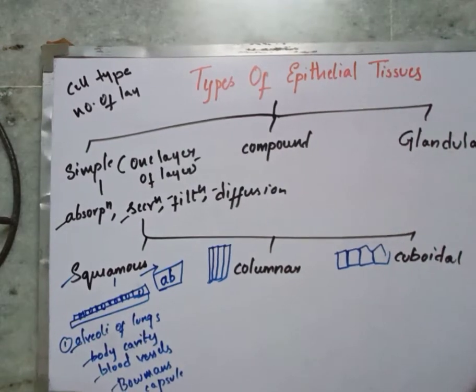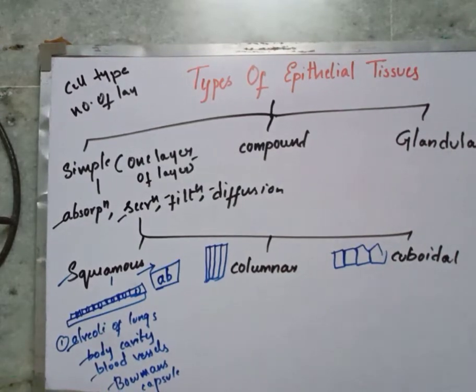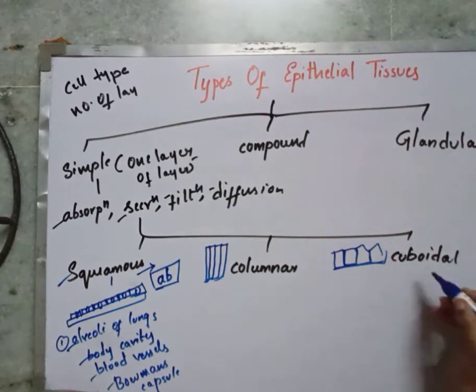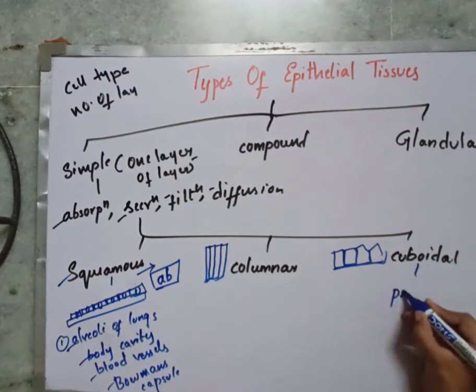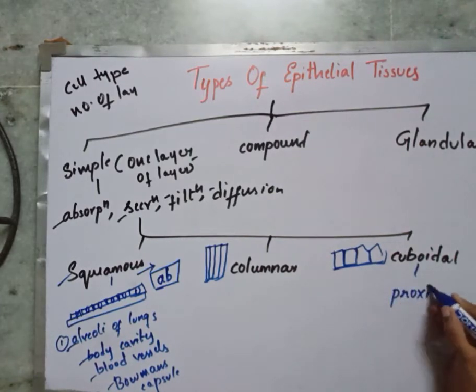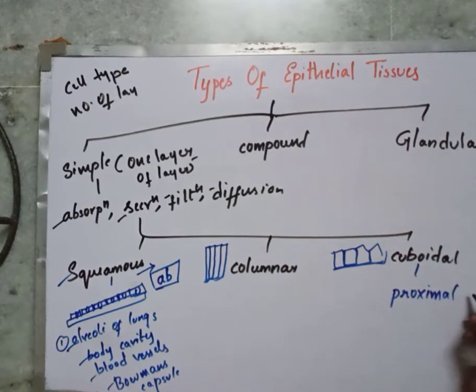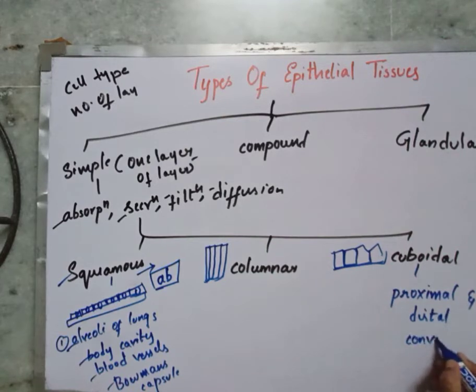So if we take a simple cuboidal epithelium, it contains only a single layer of cells, and the cells appear in the form of cubes. The location of a cuboidal epithelium is the proximal and distal convoluted tubule of nephron.